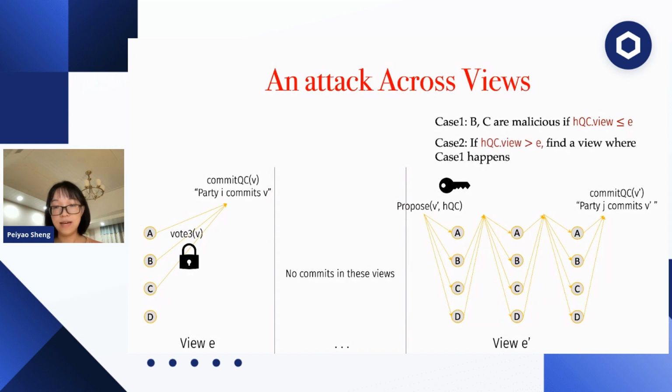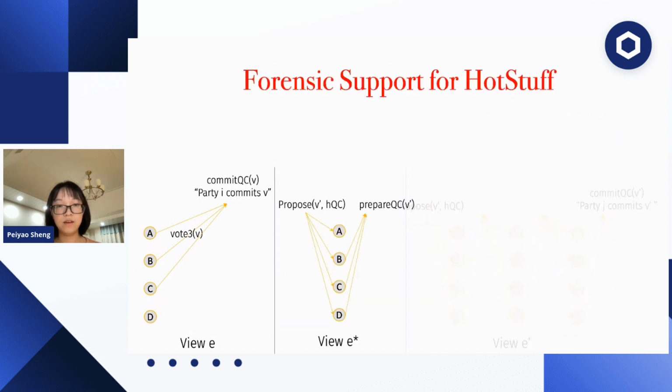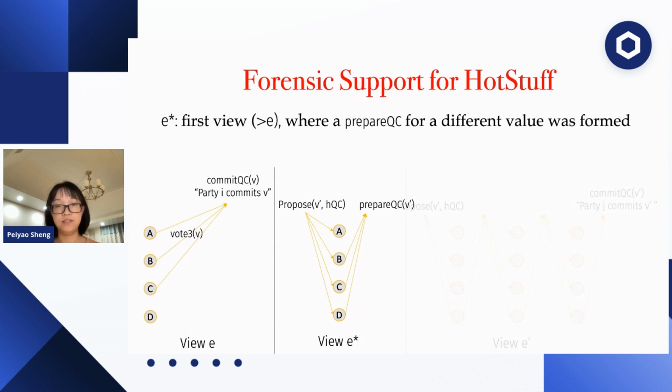Otherwise, in the second case, what we need to do is to find a view that satisfies the condition in the first case. We claim that such a view, denoted as E star, must exist, and it must be the first view after E where the prepare QC for a different value was formed.